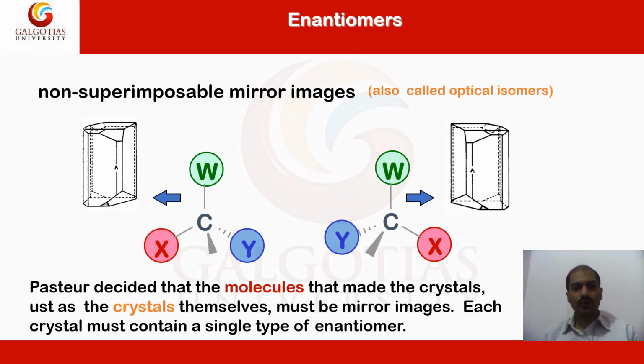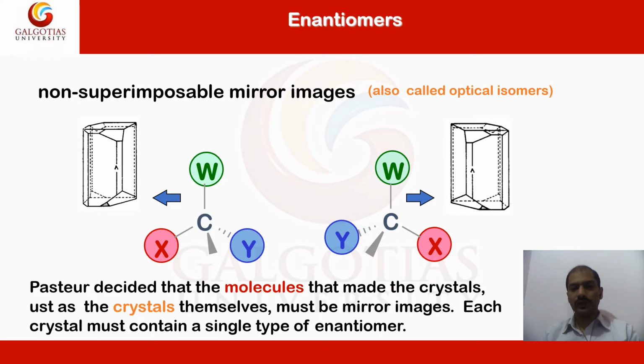Coming to another example, you can see here that the carbon has four different groups. One group could be a hydrogen, or some other group. Here X, Y and W represent different atoms or different groups.